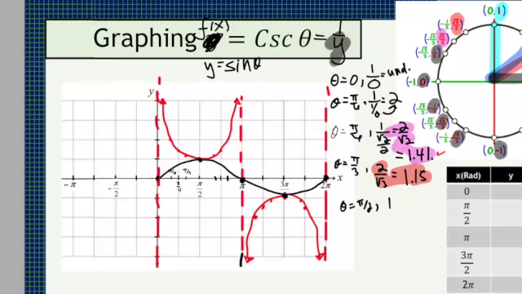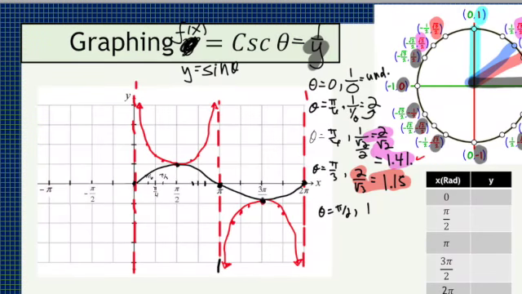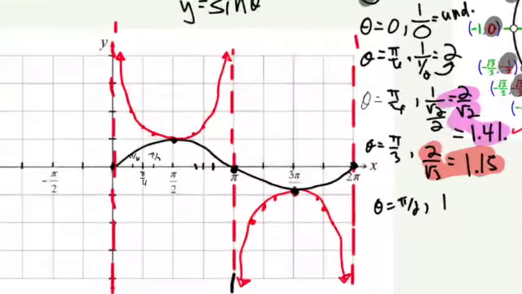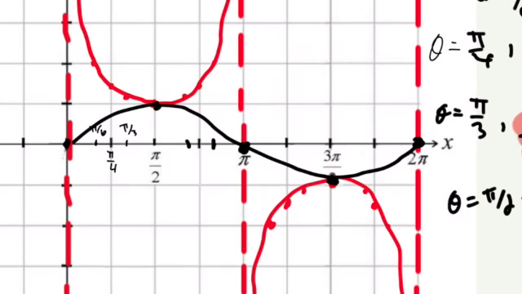The strategy that we use when it comes to cosecant is, notice what happens every time the graph hits the x-axis. Whenever sine is equal to 0, you get asymptotes. And also notice what happens at the highest peaks of sine. Those peaks become your parabolas.